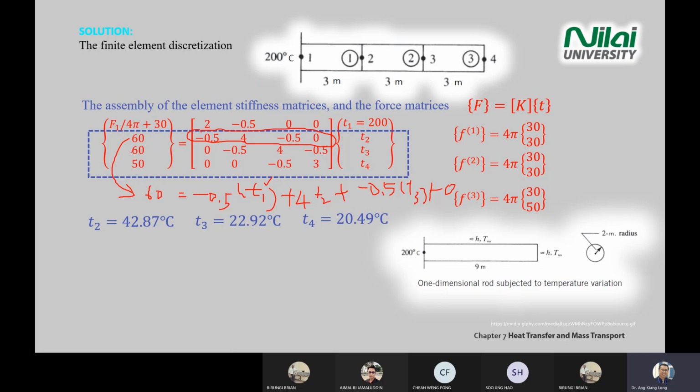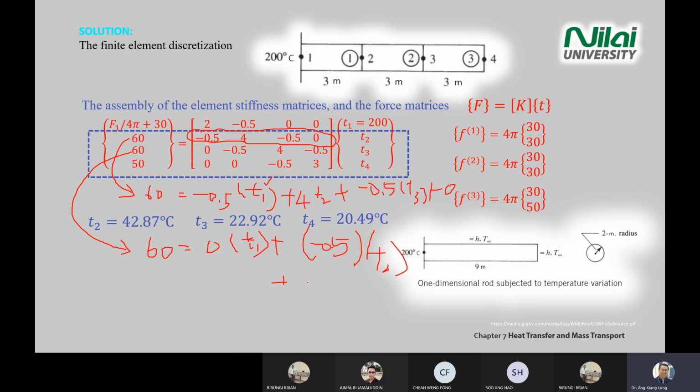Repeat the same for the second one. 60 equal 0 times T1. Apologize for my writing. Plus minus 0.5 T2 plus minus, sorry, I'm doing the correct one. Yeah, correct.